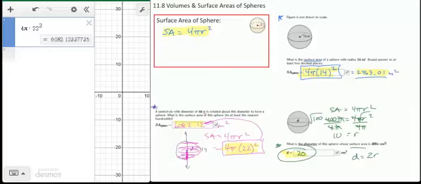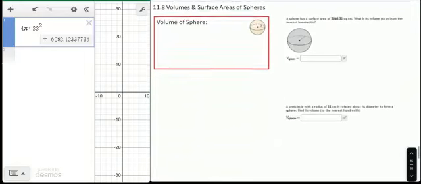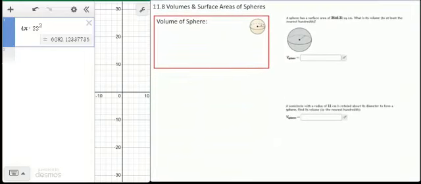All right, so that's surface area. The final formula that you're going to need to use for this chapter and semester is the volume formula for a sphere. There are some relationships between the volume and area formulas.